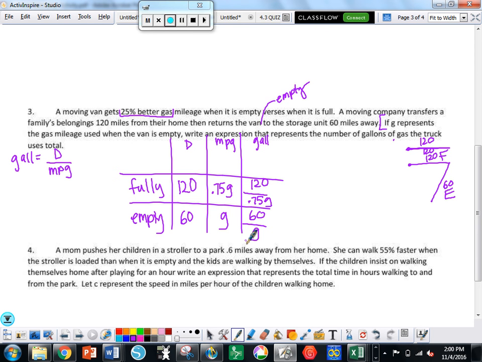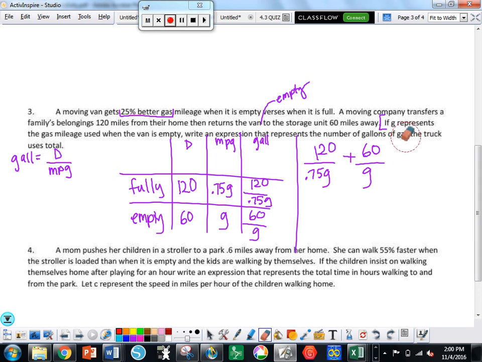If I want the total number of gallons, we are going to say 120 over 0.75G plus 60 over G. In a second, I'm going to erase my little sketch here. Can't really leave myself much room to write.